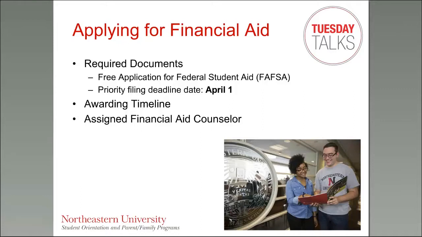The FAFSA will use your 2016 tax information, and we also recommend using the IRS data retrieval tool, which is basically where the FAFSA database links up with the IRS database and auto-populates all of the relevant tax data. It's faster, it's cleaner, and it's most accurate for you and for us.